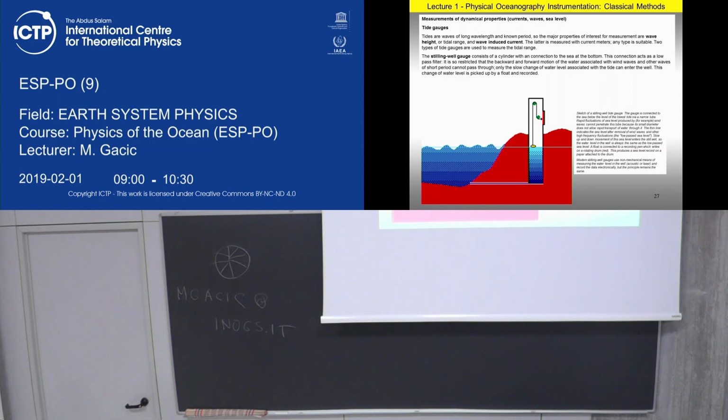To know the rate of sea level increase in specific locations, satellites are not so useful. It's much more important to have tide gauges. Okay.